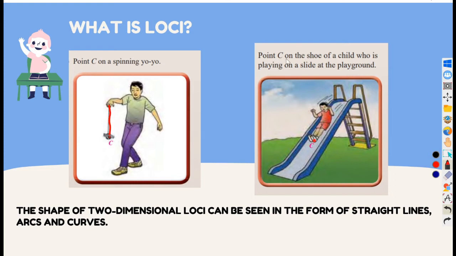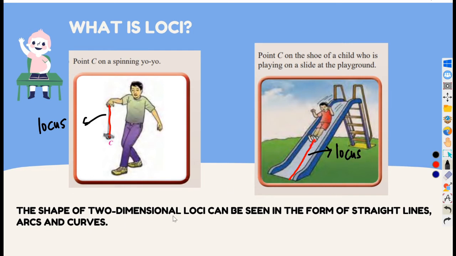And now the one here is point C on the shoe of a child who is playing on a slide at the playground. The shoe must go straight, which is parallel to the slide. This line is parallel to the slide, so we call it the locus, and this one is also a locus.